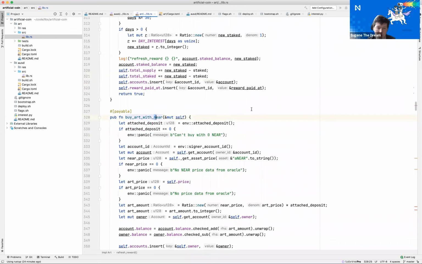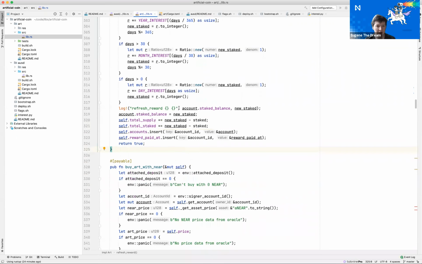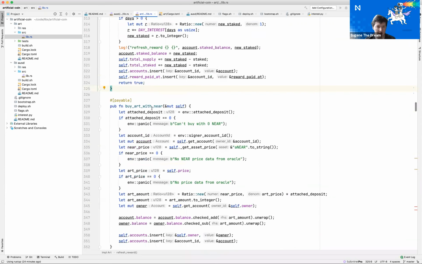Cool. Okay, a method to buy art with near. So this is, I guess, how you link the price of art, and this is how you get it in the first place. You get the account ID.